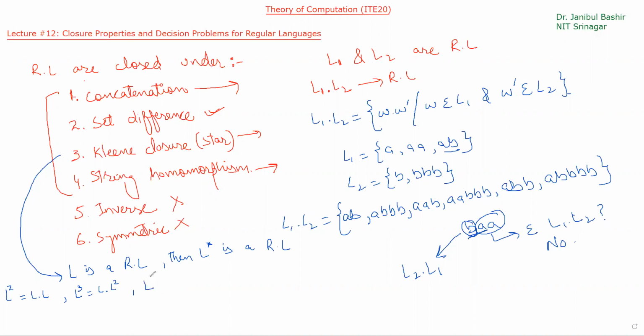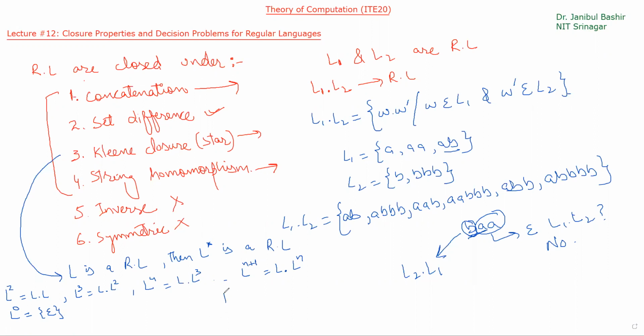L4 means concatenating L and L cube. Likewise, L raised to n plus 1 means L concatenated with L raised to power n. And what will be L0? L0 is always epsilon. So you have to remember.